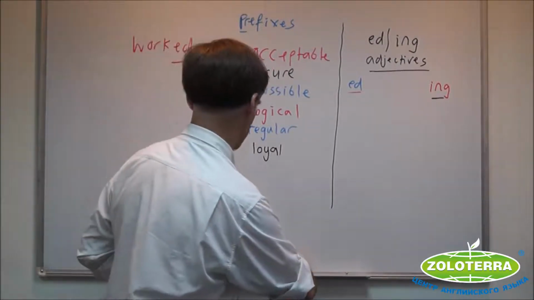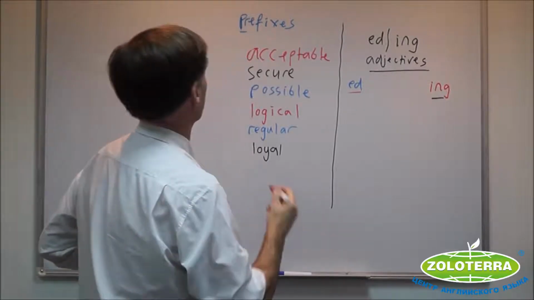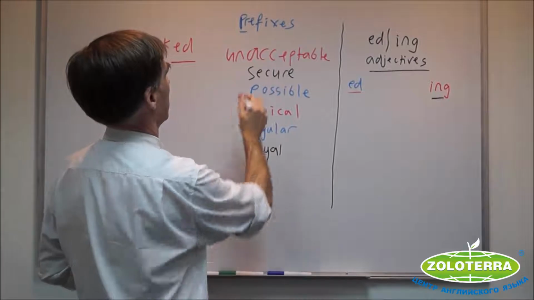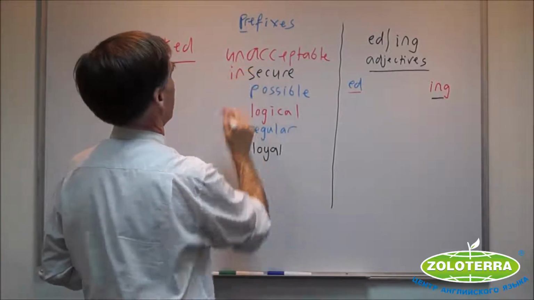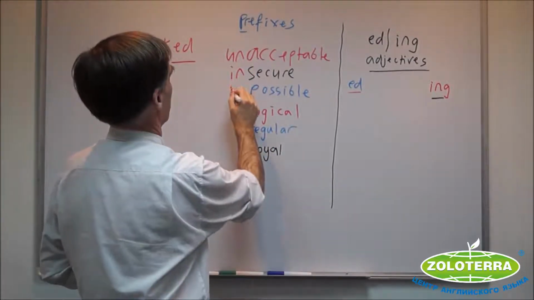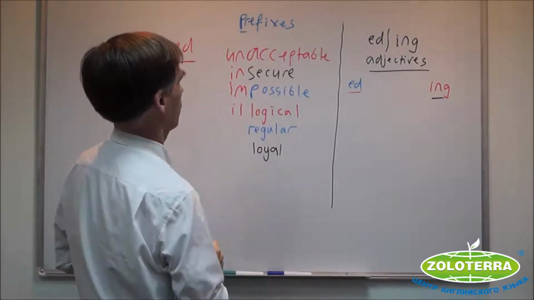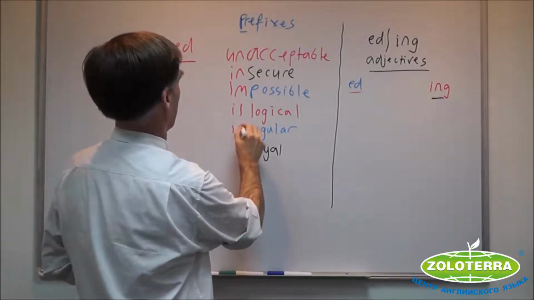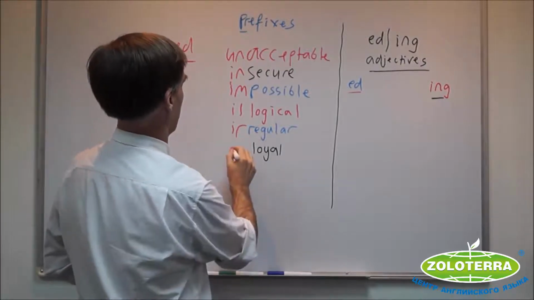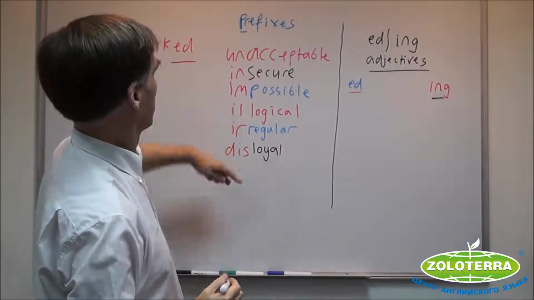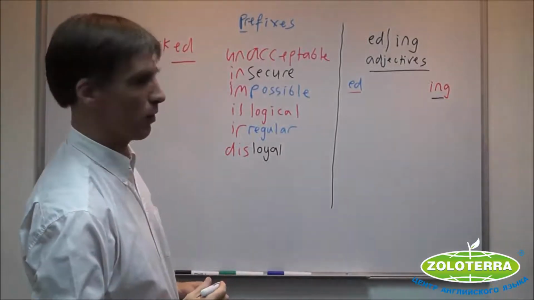I'll give you some examples. Okay, acceptable. We have the negative un. Insecure. Impossible. Illogical. Irregular. Ir. Disloyal. Negative prefixes, and we have a lot of other ones.